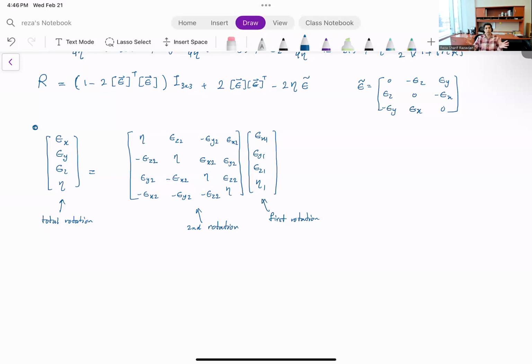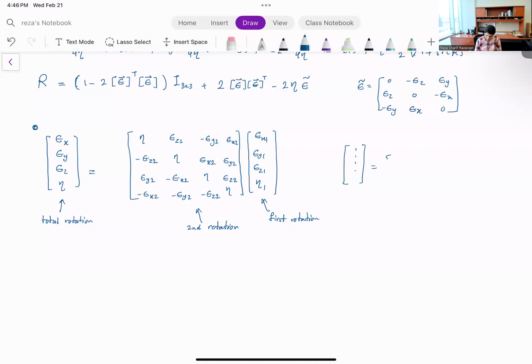So you can construct this matrix and multiply by the 4-vector of your first rotation, and you get the total rotation in the end. And you can extend it for many. So this is your final rotation.